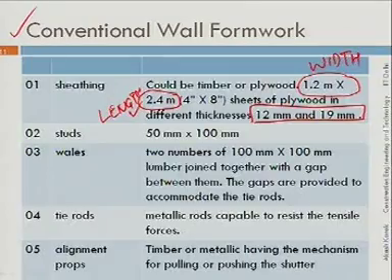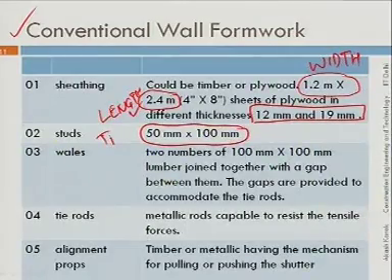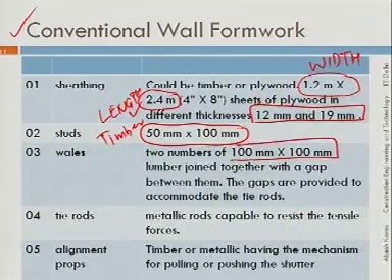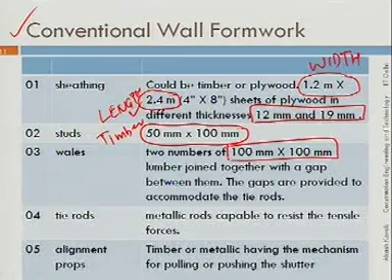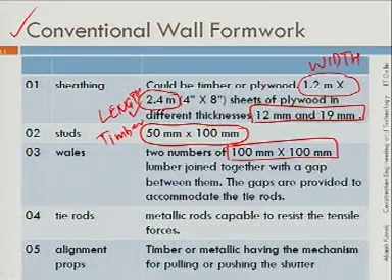These are the two commonly used thicknesses. When it comes to studs, timber studs are basically of 50 mm by 100 mm dimension. When you talk of wales, they are basically two numbers of 100 mm by 100 mm lumber joined together. You have a gap in between them. The gaps are provided to accommodate the tie rod.